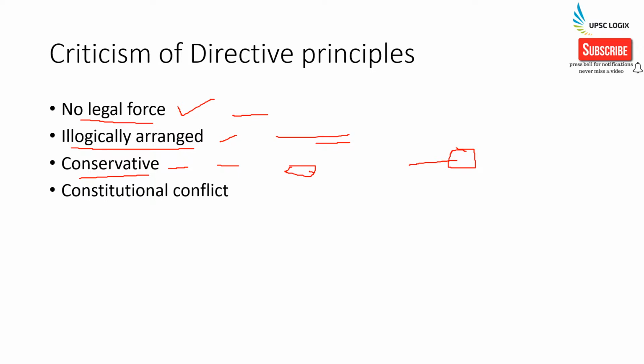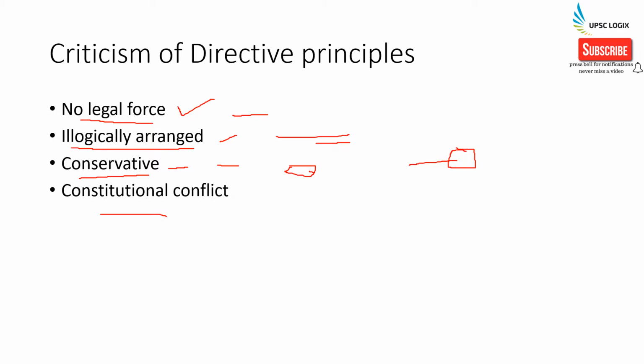Then the next criticism was of constitutional conflict. K. Santhanam has pointed out that the directives lead to a constitutional conflict between the center and the states, between the president and the prime minister, and between the governor and the chief minister. According to him, the center can give directions to the state with regards to implementation of these principles, and in case of non-compliance can dismiss the state government.